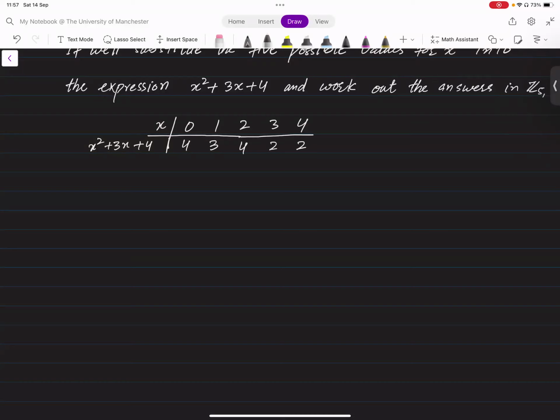Why? Because they are supposed to be equal to 0 in this row. Okay? So there is no solution in Z5. However, this equation does have a solution in Z11.